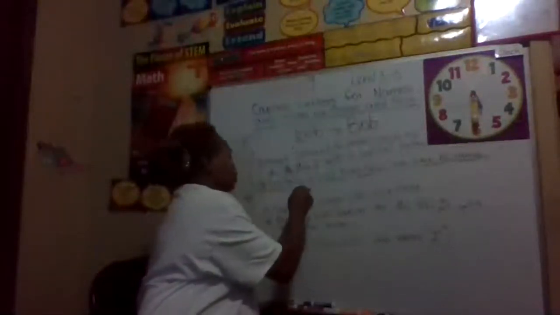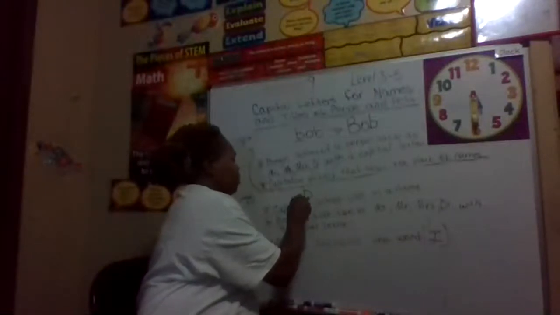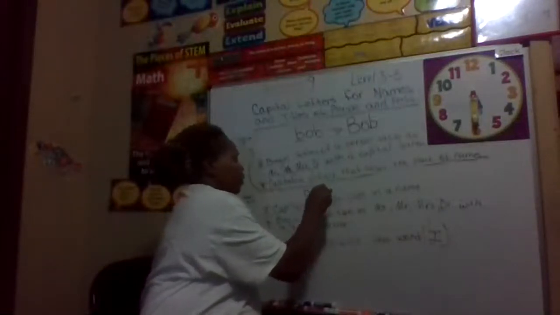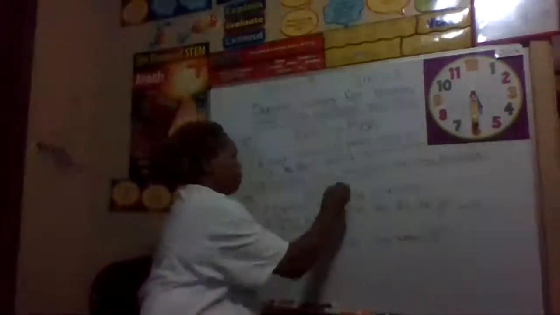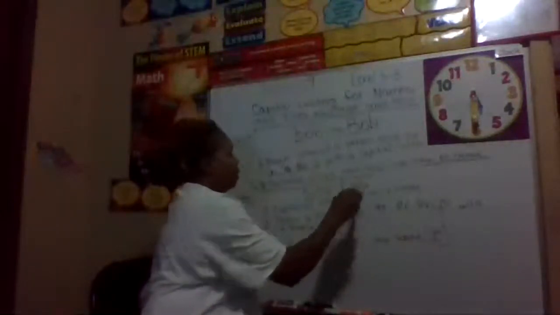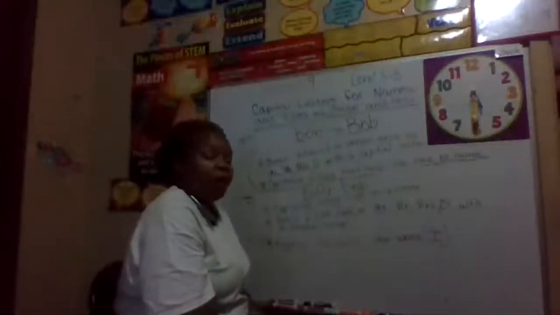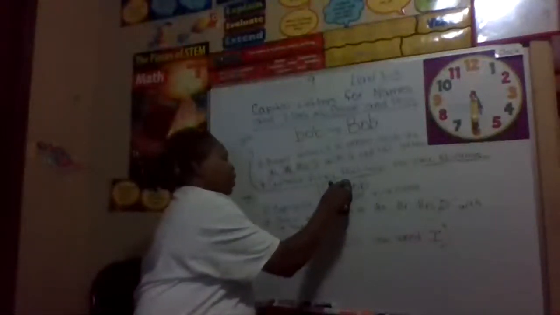So what if my friend Bob's first name was Billy? What if his first name was Billy and his second name was Bob? Now, Billy, Bob. Now it says to begin each part of the name with a capital letter. So what we would do is we would change both of the lowercase b's, the first letter of each name, to capital letters.